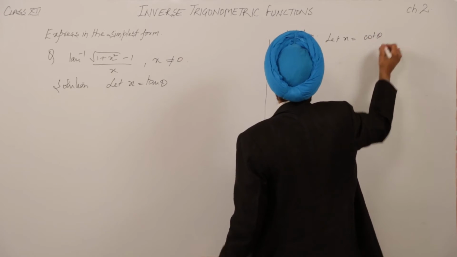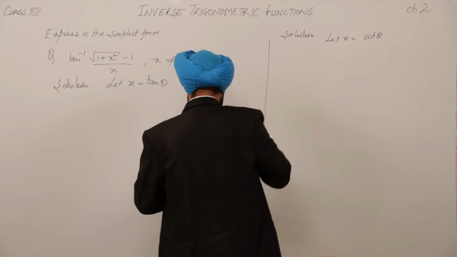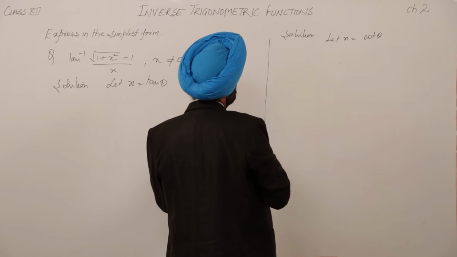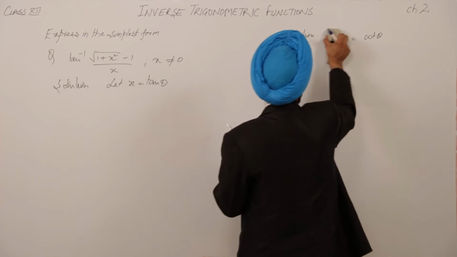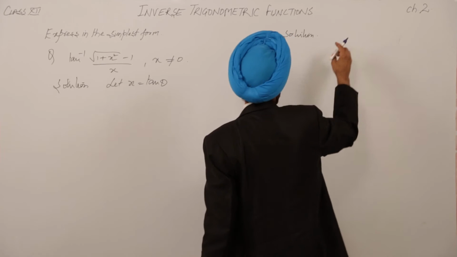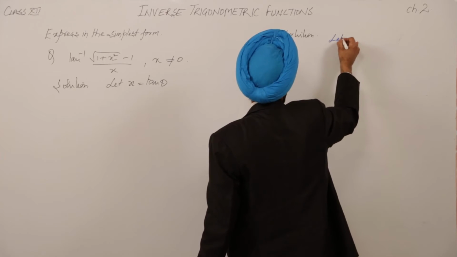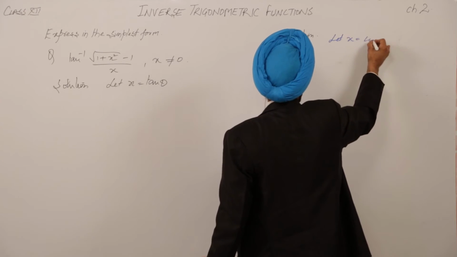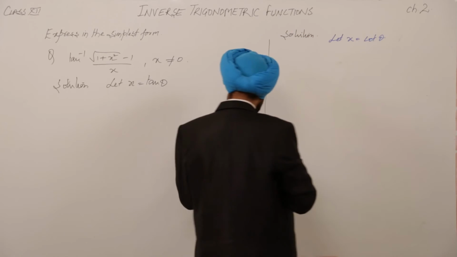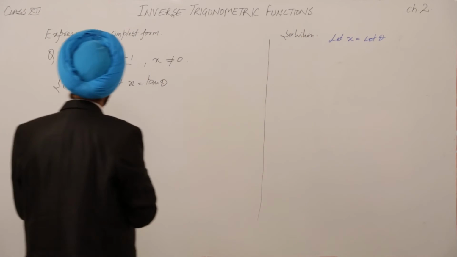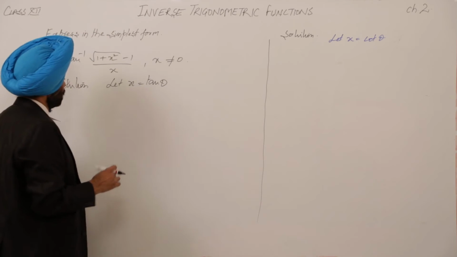Two different forms, two different types of questions, we are going to start. For the comparison, I am using another pen. Now first part, solution, let x equal to tan theta.